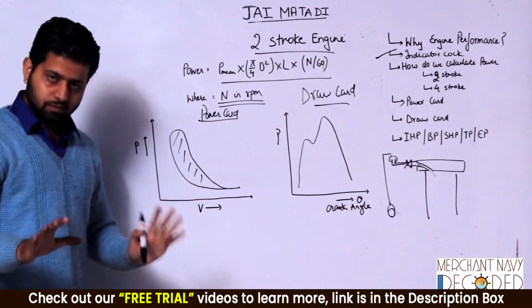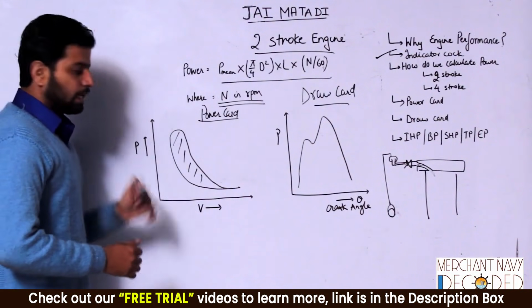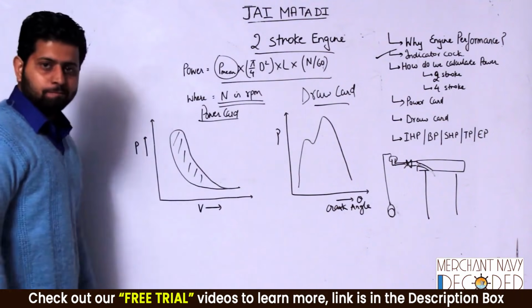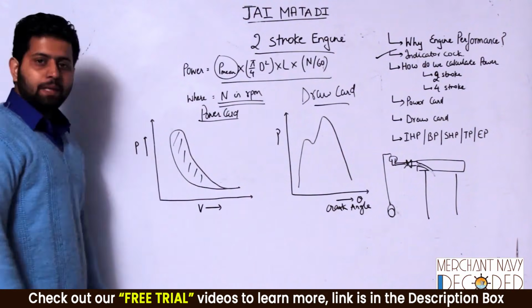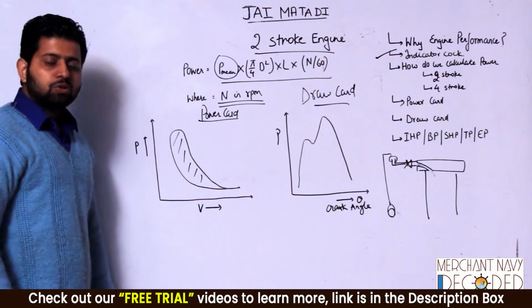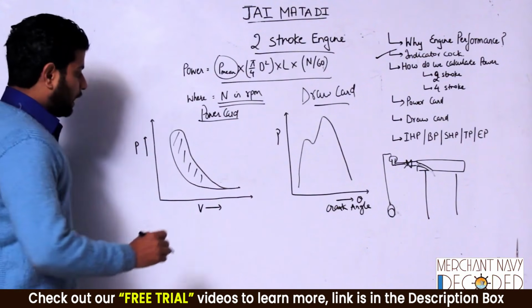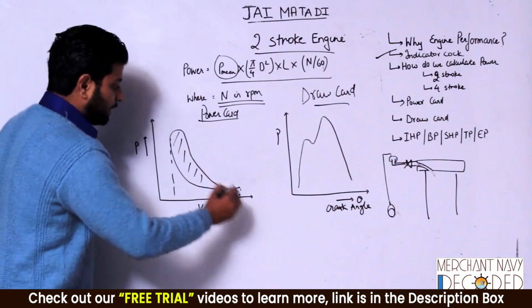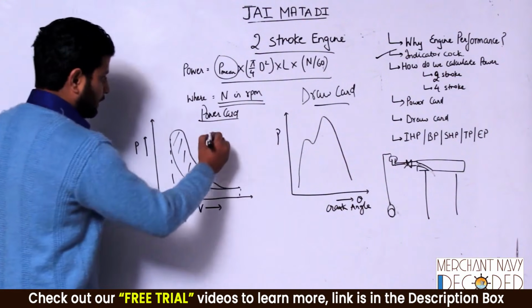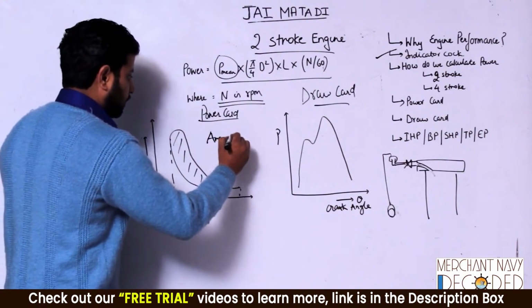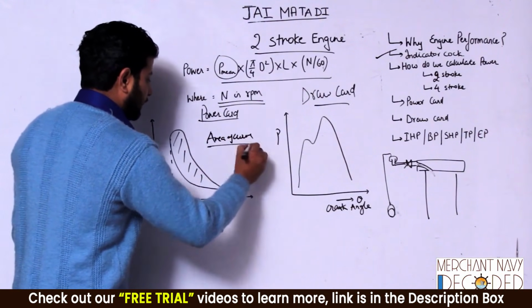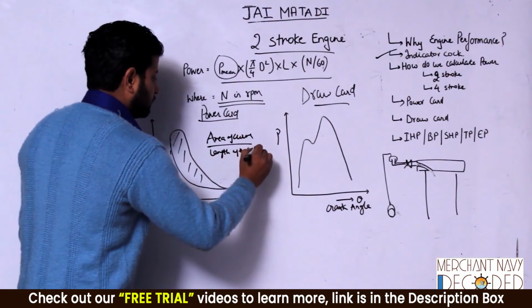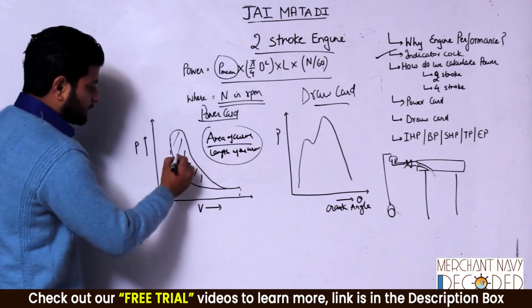Clear? Fine. Now when you get this diagram, I hope you remember I did not get P mean. So over here I need P mean. How I get P mean is, I calculate this area and divide it by the length of this curve. Area of the curve divided by the length of the curve. Say this area is x.